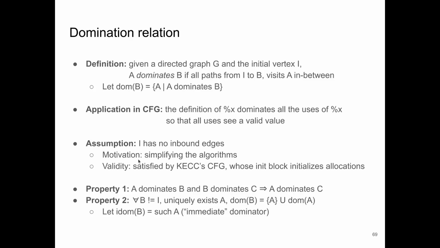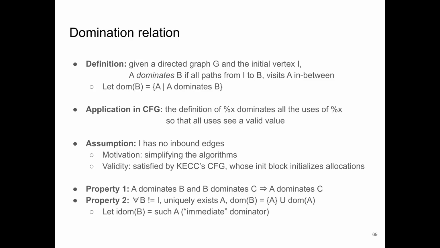This assumption is actually true in KAIST's CFG and in other well-known compilers' IRs as well. It is satisfied by the IRGen of KAIST, in which the initial block is only initializing allocations and jumping to the first instruction of the function, and it is preserved by optimizations.